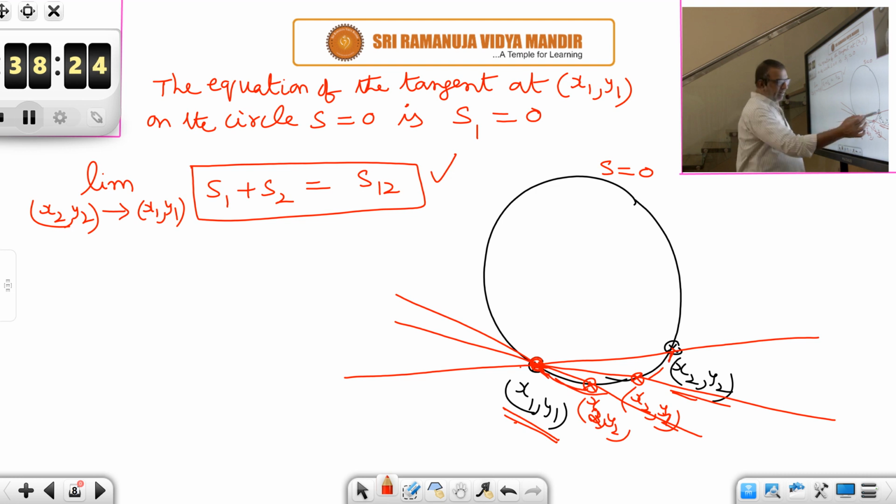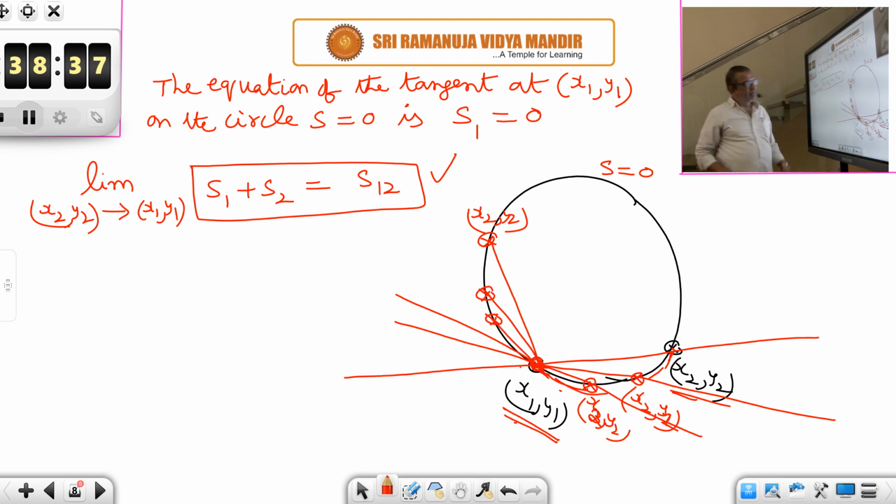It is actually called right tangent. Same way, we have to take x2, y2 on the left side and move it towards the point x1, y1, and you will get a limiting position. That limiting position is called the left tangent. If the right tangent and left tangent are the same line, then that line is called the tangent at the point x1, y1. But here you need not do both ways, you can do one way only. That is enough.